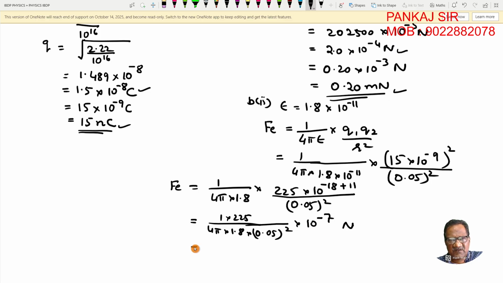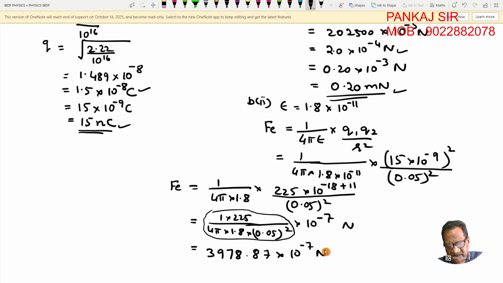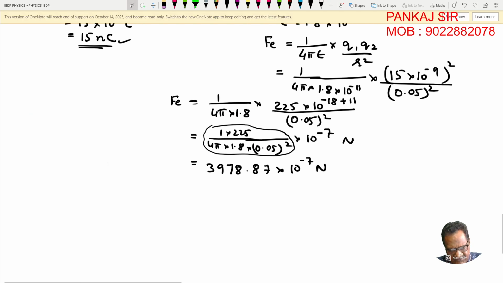Now let us work out this: 225 upon 4 pi into 1.8 into 0.05 squared. Now this quantity, from the calculator, if you plug in the values, you will get 3978.87 times 10 raised to minus 7 Newton. So this is your answer for B2, but let us put it in the scientific notation form.